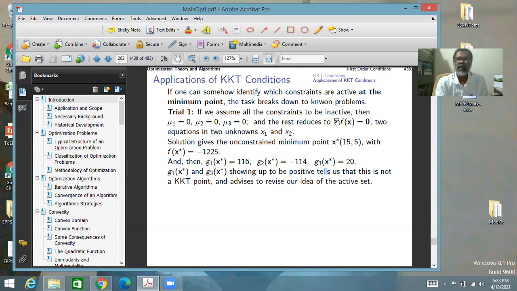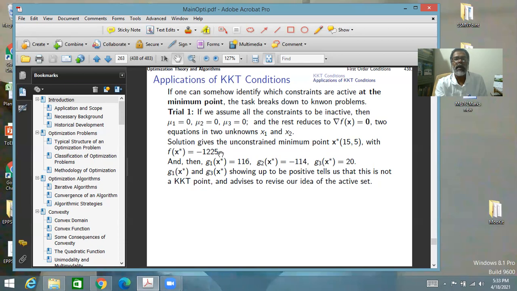So this is an unconstrained optimization condition. This is just a set of two equations in two unknowns, and we can solve it. As we solve, we get this point 1, 5.5, which is the unconstrained minimum of the function.